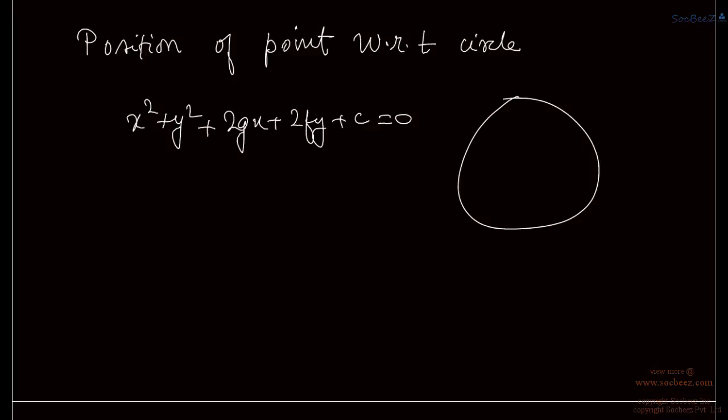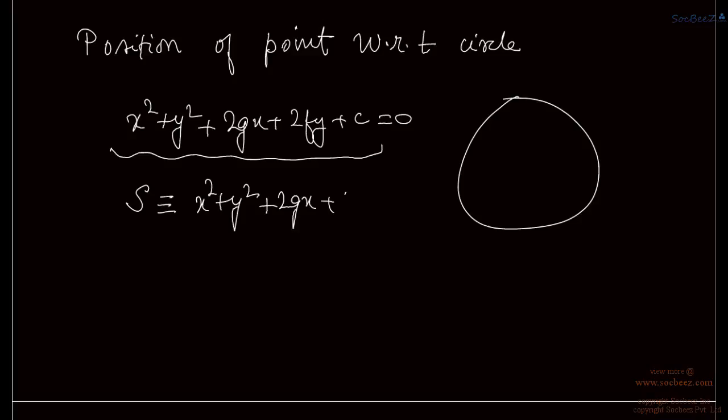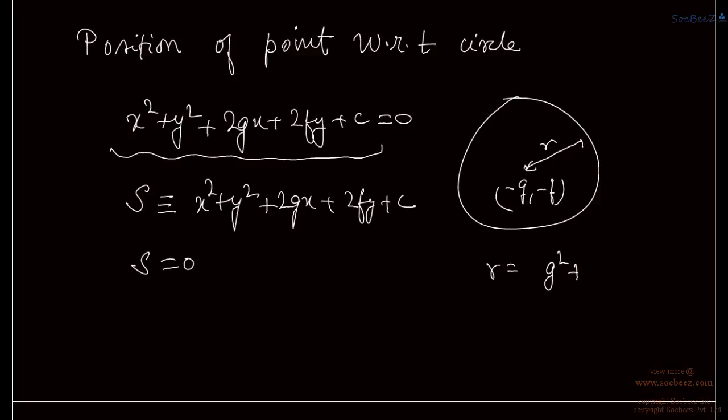We will not be writing the whole expression always; in place of this we will write S. So S is basically x square plus y square plus 2gx plus 2fy plus c. So the general equation of a circle is S is equal to 0, where the center is (minus g, minus f), and the radius r is root under g square plus f square minus c.